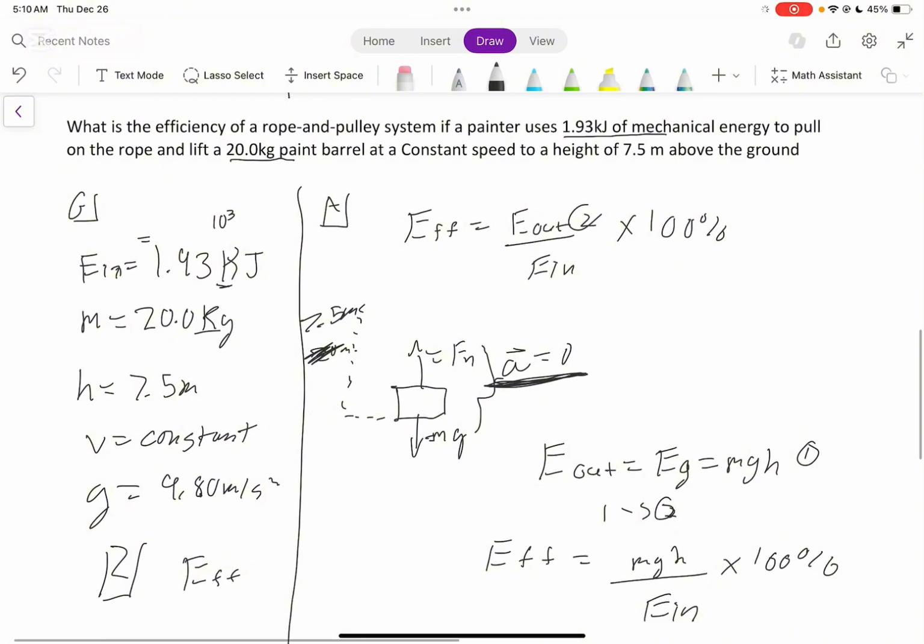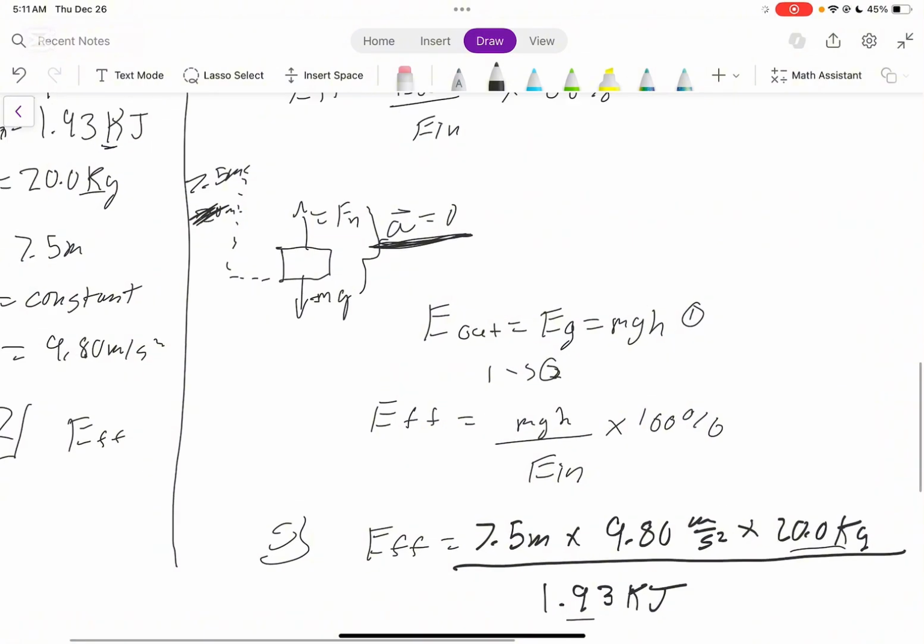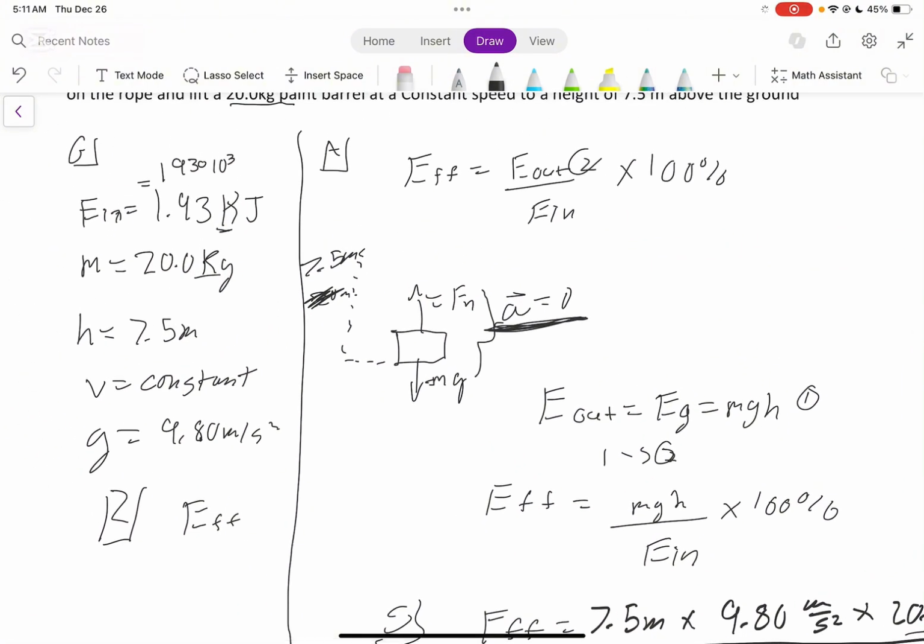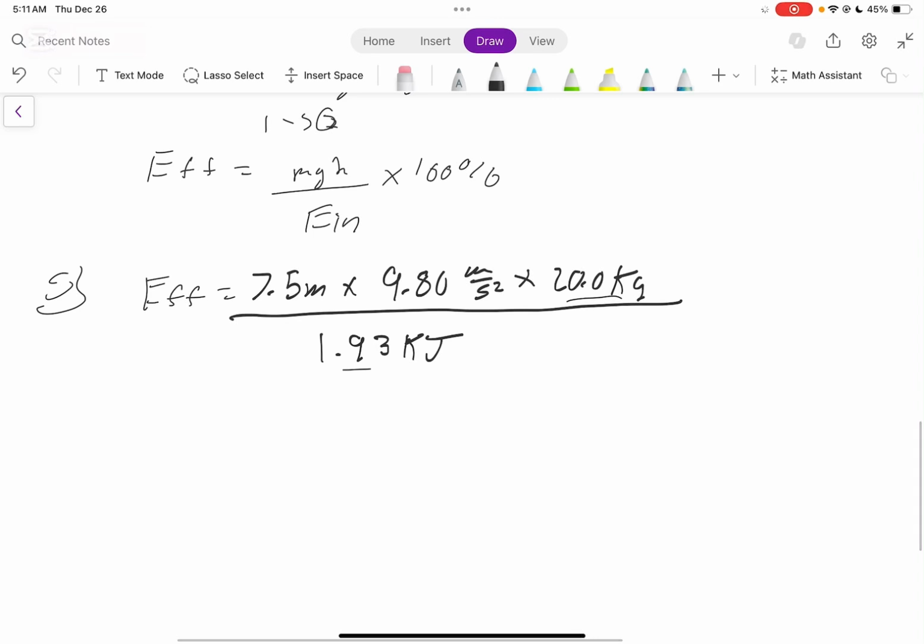So we multiply by 1,000, and now you have 1,930 joules on the bottom. And now you can just put it into your calculator: 7.5 times 9.8 times 20 divided by 1930 multiplied by 100%.